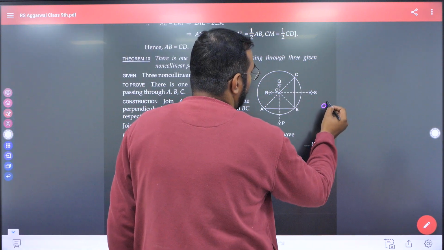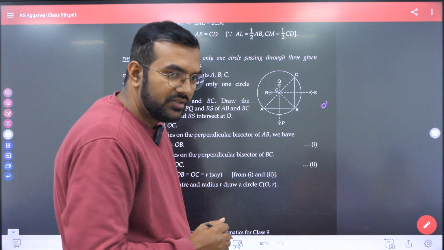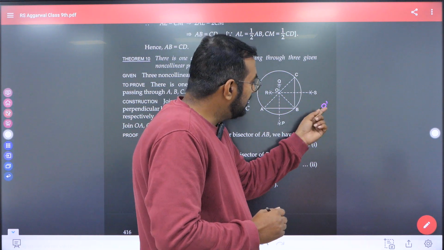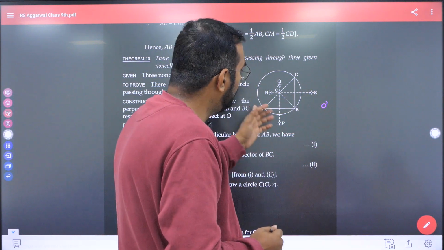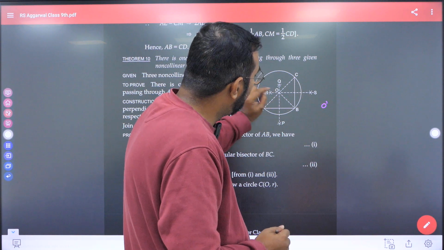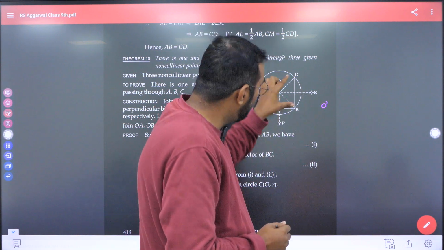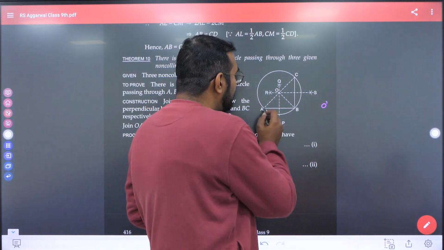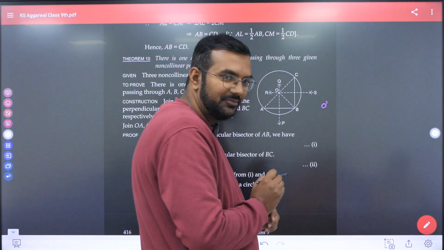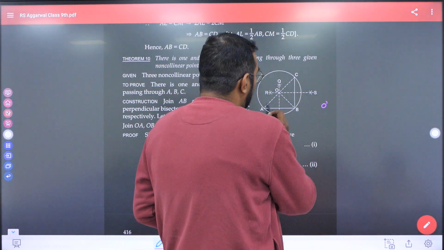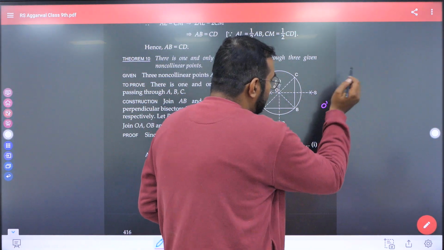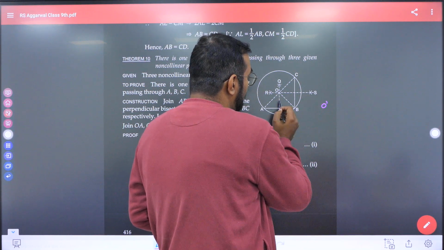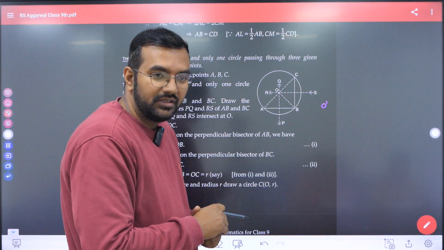There is another point, sorry, O dash, which is equidistant from A and B. We have supposed that there is another point other than O that is equidistant from AB and BC, that means equidistant from A, B and C. If O dash is that point equidistant from A as well as B, then O dash must lie on the perpendicular bisector of AB.